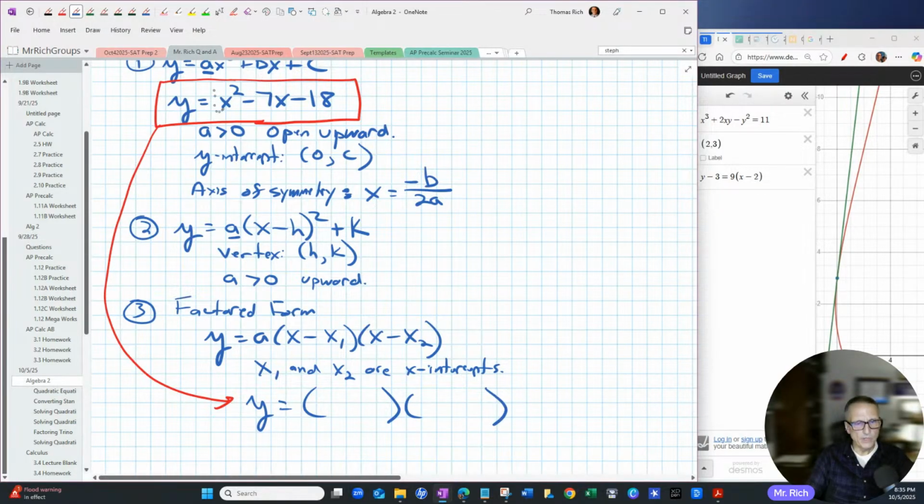My a is a 1, so there's going to be just a 1 in front of these two factors. I'm looking for two numbers that multiply to negative 18 but add to negative 7. That would be a negative 9 and a positive 2. So that is the factored form of that quadratic, and it tells you that it is going to pass through the x-axis at 9 and negative 2.